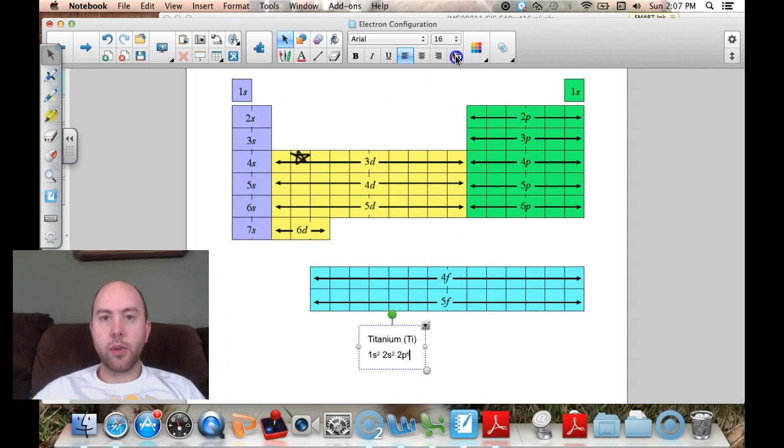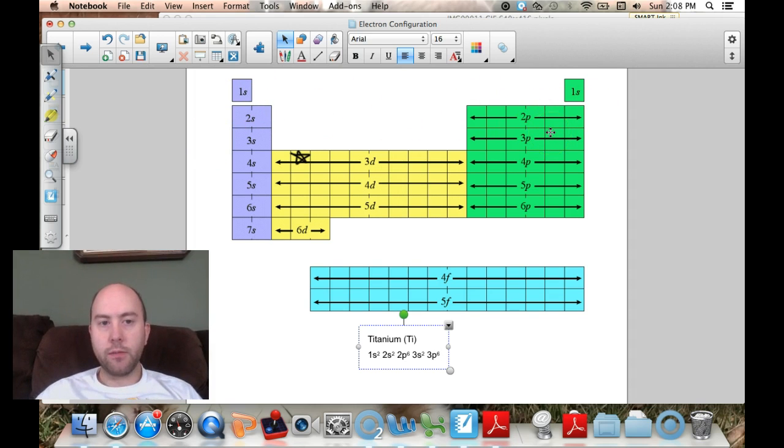Now I'm into the third row. 3s2, I went through both of the s's in the third. 3p6. Okay, so that's all the first row, all the second row, all the third row.